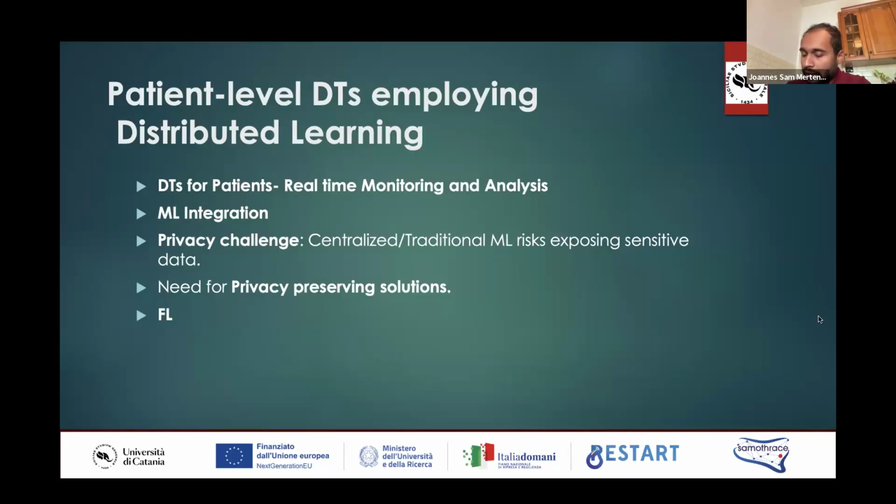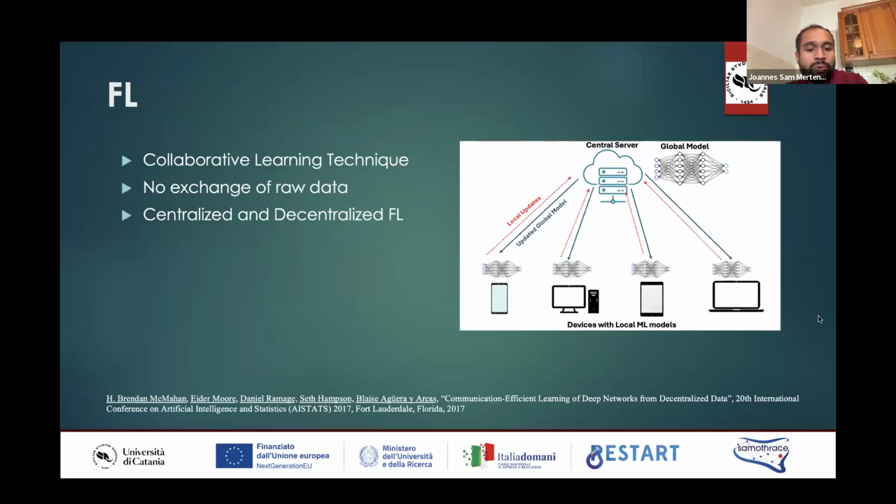One of the well-known privacy preserving techniques for collaboratively training machine learning models is the federated learning technique, that was proposed by Google in 2017. The paper, I have listed it below.